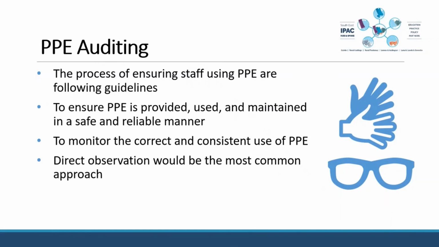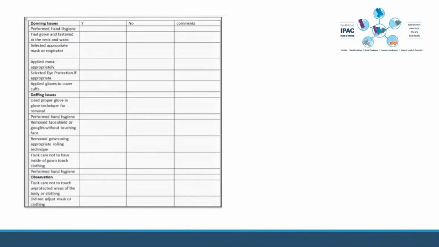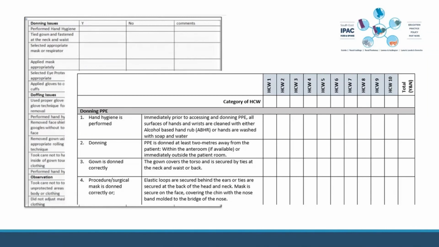So the next slide has a few different tools, of course paper-based tools here. This is a CDC tool. You can look at that. There are also facility-specific paper tools as well. So you know, there is electronic software out there, but again, it costs money.